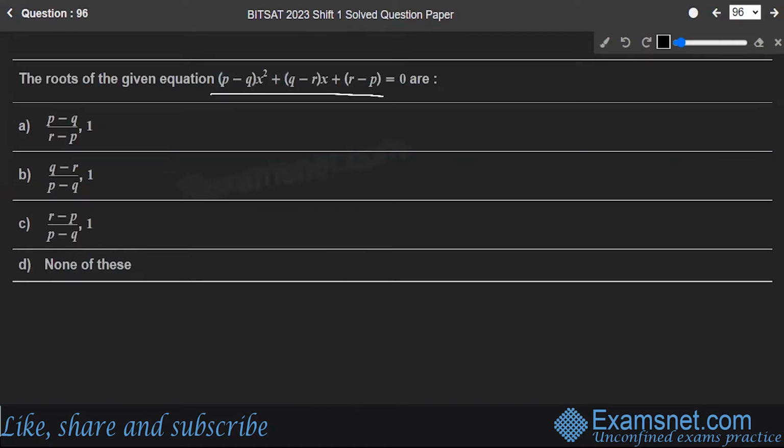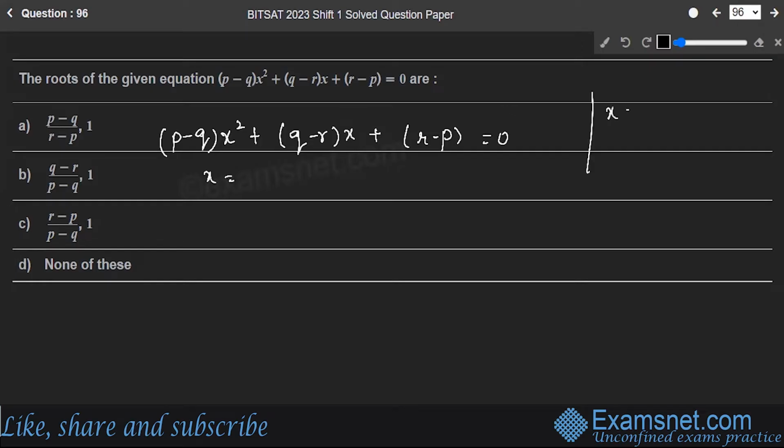The roots of the given equation equal to 0 are. So you are given the equation (P minus Q) x square, (Q minus R) x, (R minus P) equal to 0. By using the formula for finding the roots, you will have the roots as x equal to minus B plus or minus root of B squared minus 4AC upon 2A.